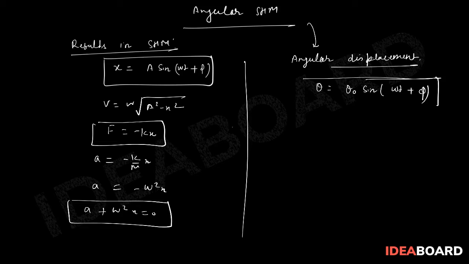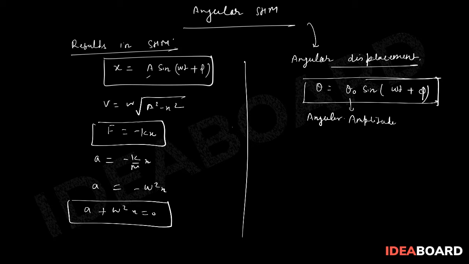So what do I mean by this? Here a was the amplitude, here theta naught will be the angular amplitude. Okay, so the maximum angle it can cover, right? This will be angular displacement. Omega is the same, phi is the same.